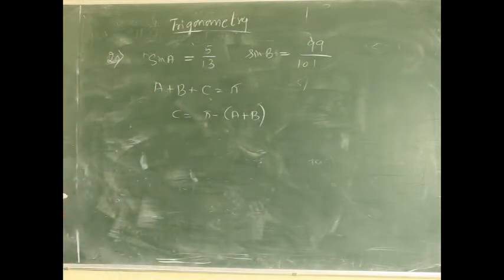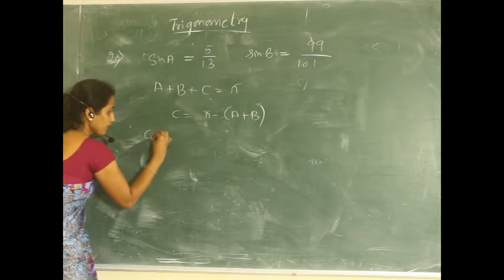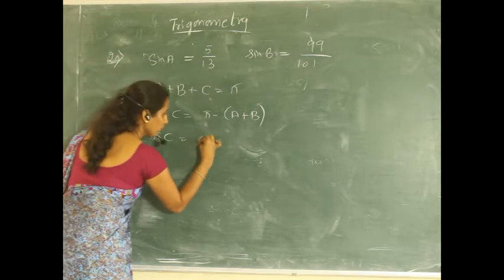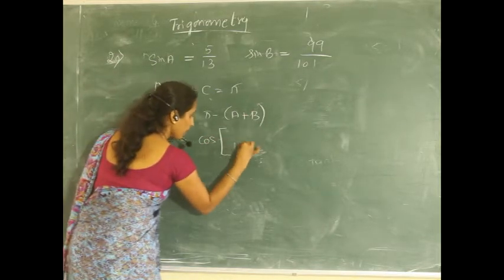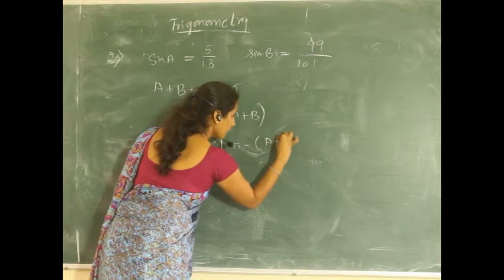So we have to find out the cosine of the third angle. C is equal to pi minus (A plus B), and we have to find cos C. So cos C is equal to cos of (pi minus (A plus B)).